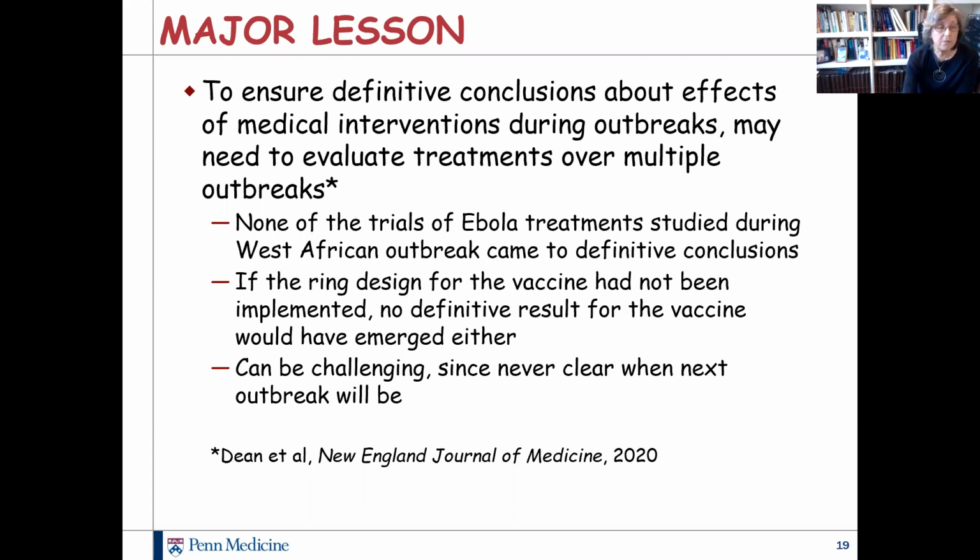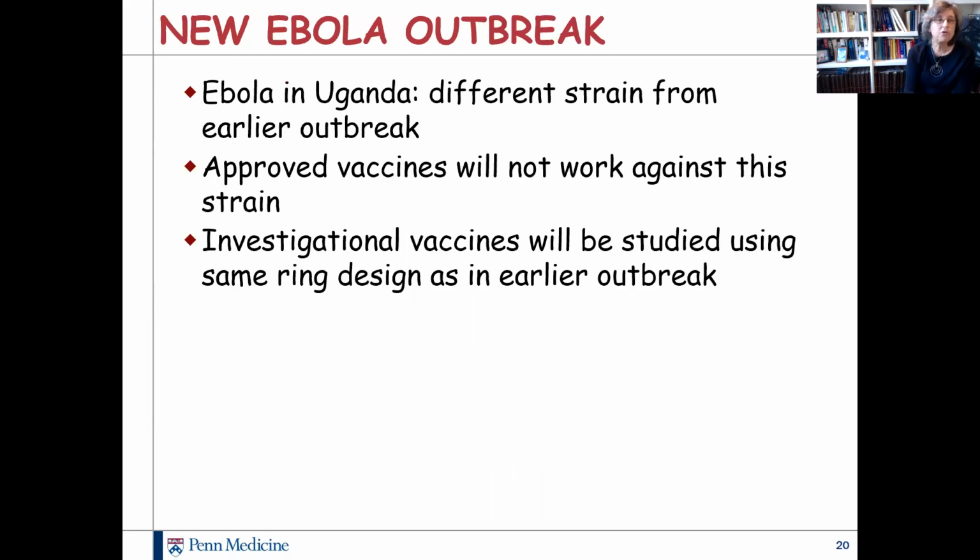When there was an outbreak in the Congo, not too long after this, the treatments that looked positive, even though it wasn't quite definitive, were used. Now there's a new Ebola outbreak right now in Uganda, but it's a different strain from the earlier outbreak.